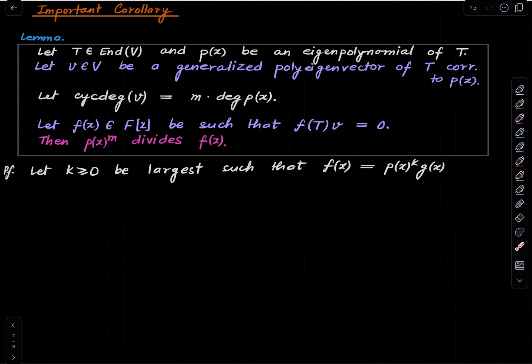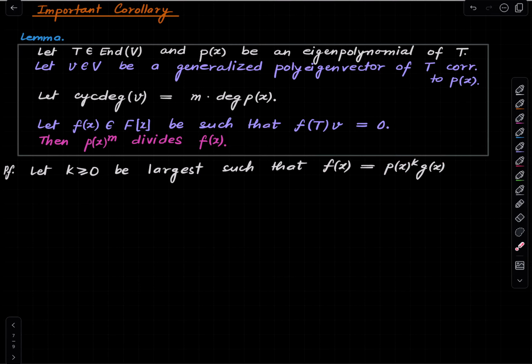Suppose you have the number, let's say 18. 18 you can write as 3 squared times 2. 3 is a prime, and you can extract the highest power of 3 and write the remaining stuff. That remaining stuff will be relatively prime to 3, right? And this is the polynomial analog of it. Px is an irreducible polynomial, because it is an eigenpolynomial.